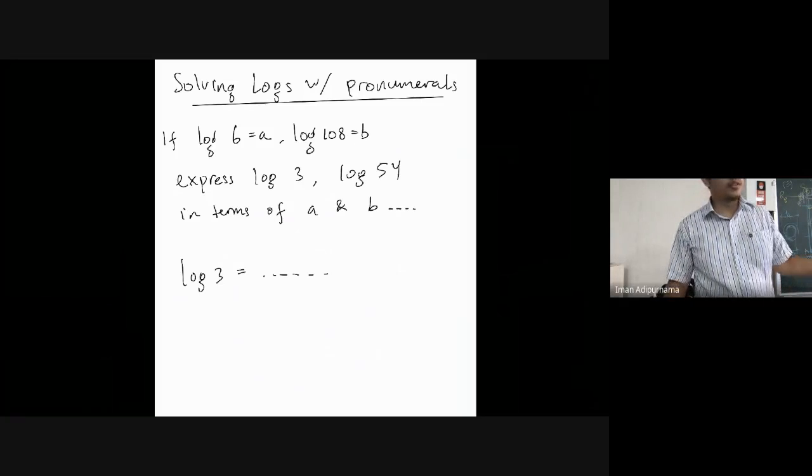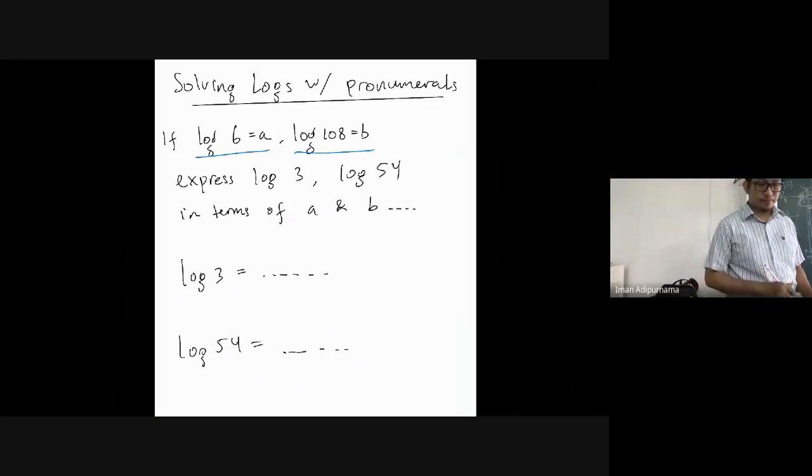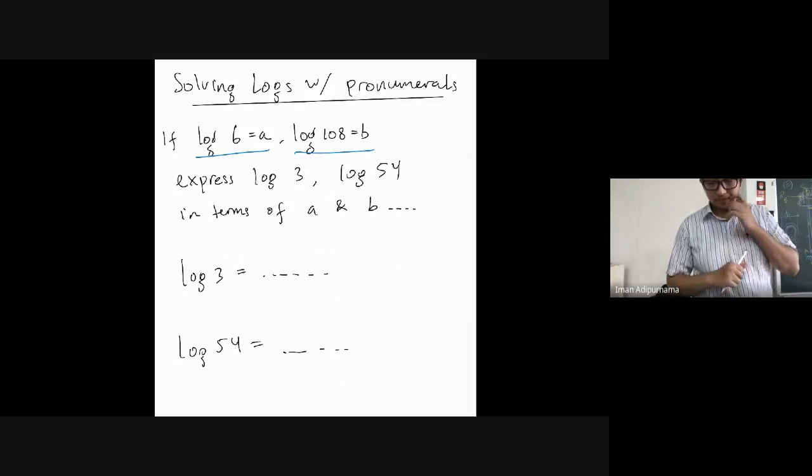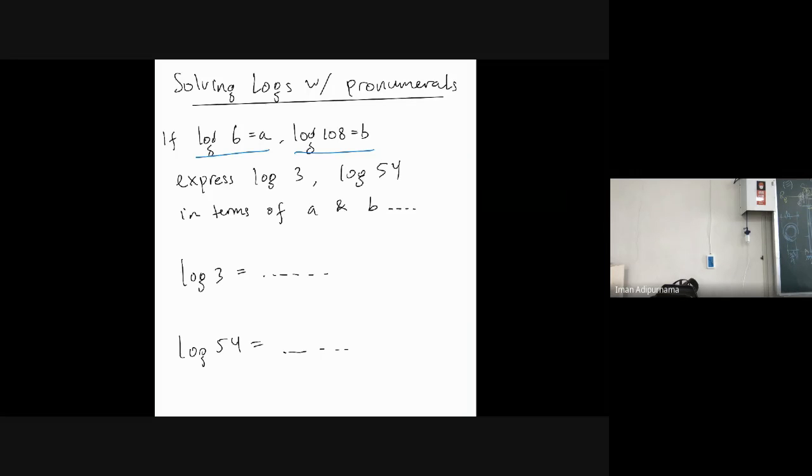Based on your information, log 6 is A, log 108 is B, and then the second one is log 54. You can try and look for any relations first between A and B, and how to get to 3 and 54, maybe plus, minus, multiply, divide, and so on.